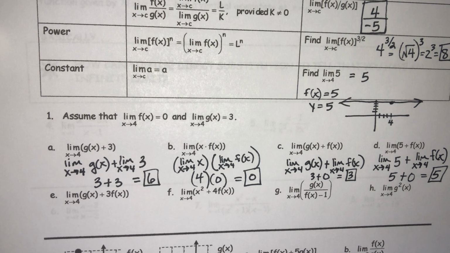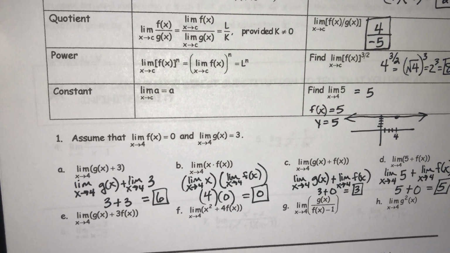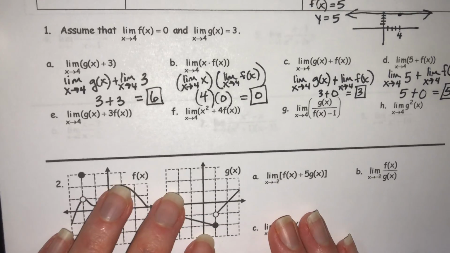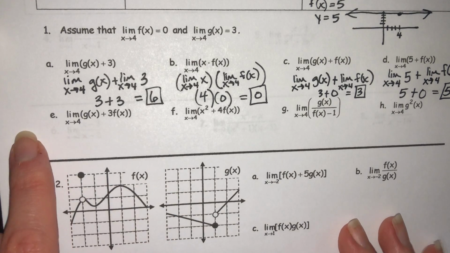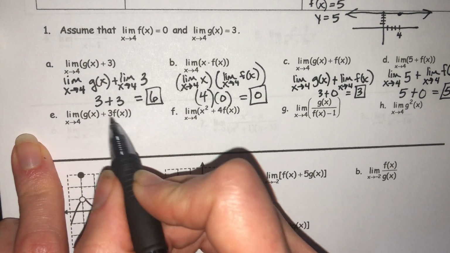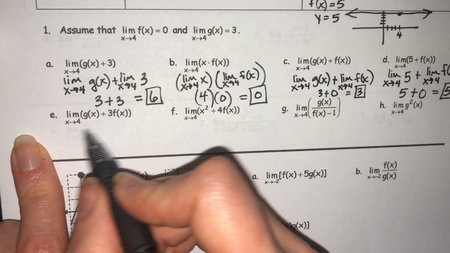I'm wondering if we could maybe do this with showing a little less work on these next 4 since I broke it down all nice on the first 4. Could we move into that next level of thinking, kind of skipping a step, or is that going to be too painful? Let's see, here we've got the sum rule, so I'm going to do the limit of the first one.